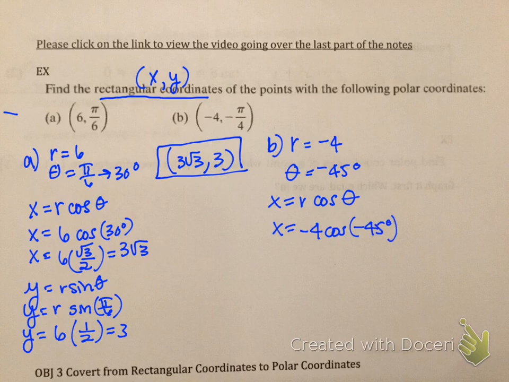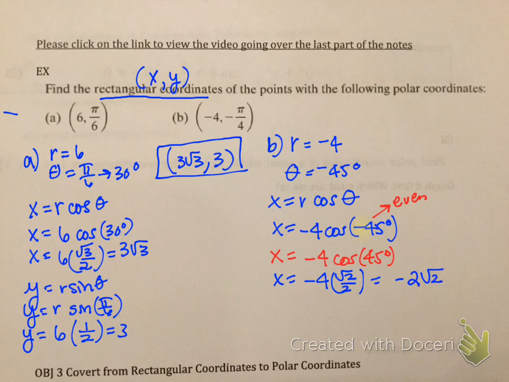And I don't know if you remember, we can't have a negative inside the parentheses like that, so I have to use the even-odd properties. And I know that cosine is even, which means that the negative pops out and becomes positive. So x equals -4 cosine of 45 degrees. So x equals -4 times cosine at 45 degrees, which is radical 2 over 2. So this becomes -2 radical 2.